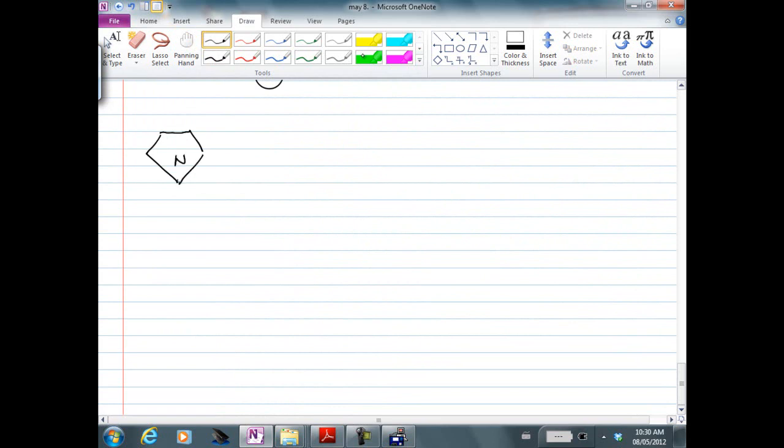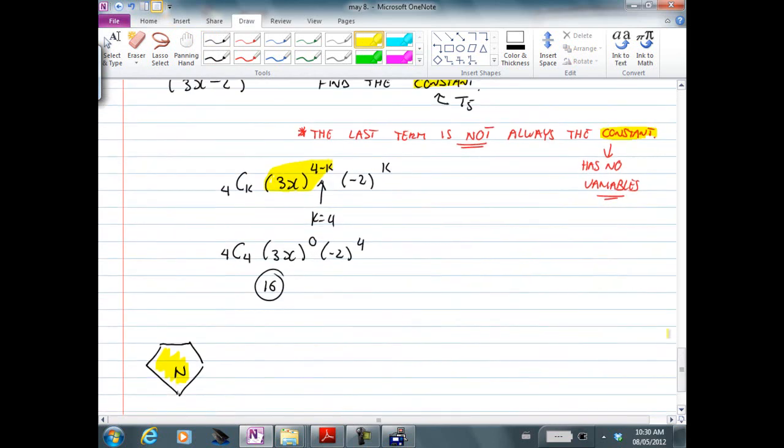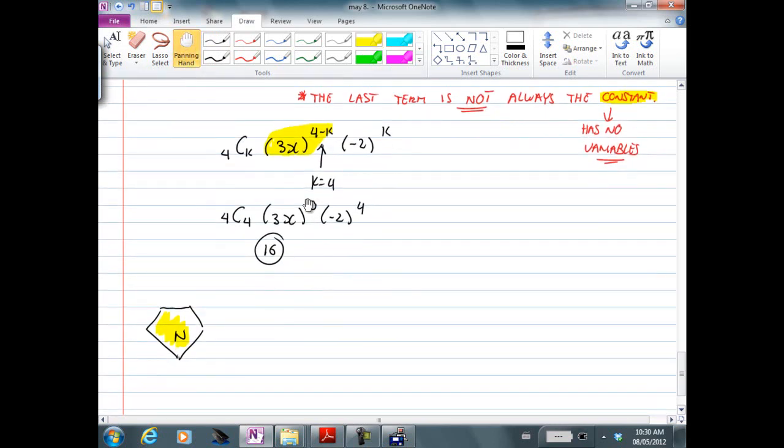Which part are you confused about? The last number has no variables. To have a constant, you can't have any variables, agree? Now, this yellow part is the only bad part, because there's an x in there. Somehow you have to choose a k value to get rid of x.